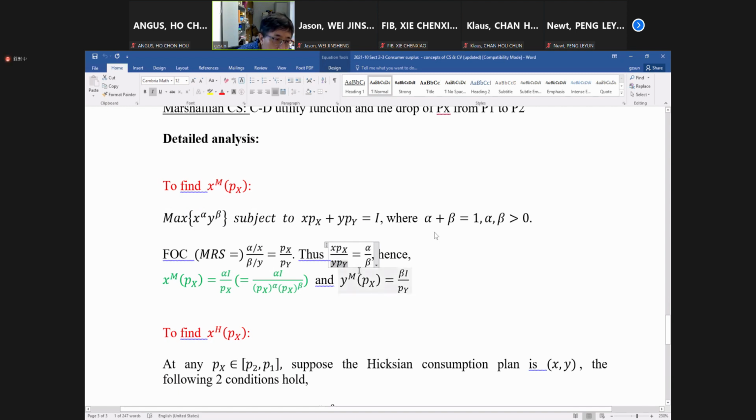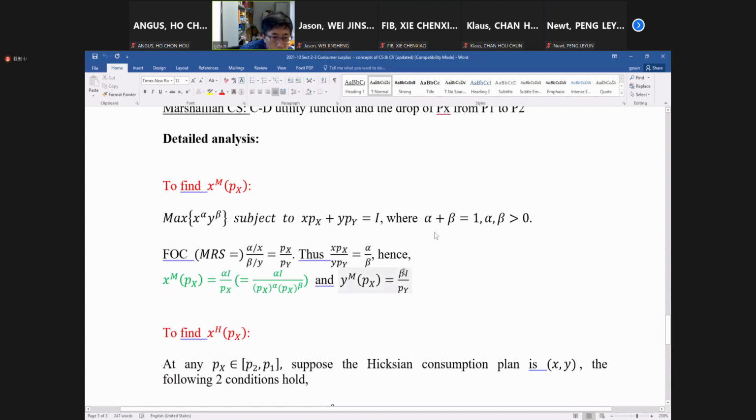The consumer will always spend alpha times total expenditure, 40% of the income, on good X. So what she consumes at the optimum is always this number divided by the price. This is for X.